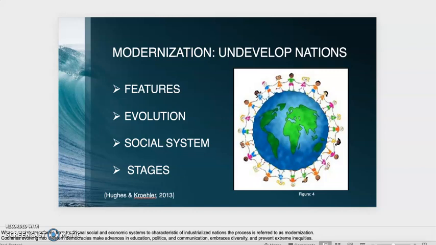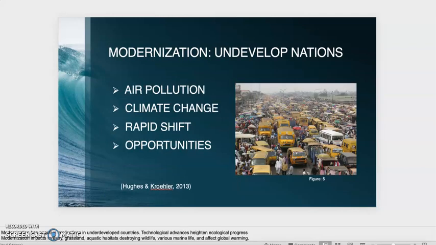Social systems usually perpetuate unbalanced trade between core and peripheral countries. Modernization occurs in multiple stages based on societal differences and the integration of social structures and cultural elements.